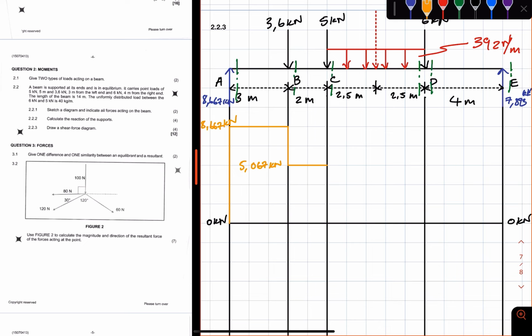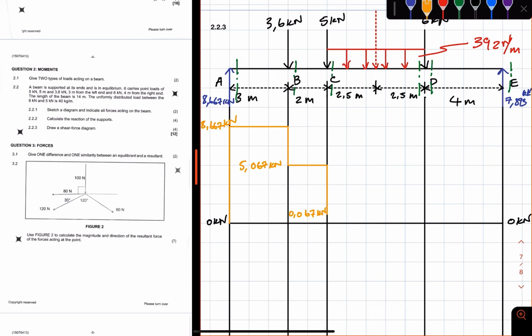So if you subtract that, what do we get? Right, we are going to get 0,067 kilonewtons, right?